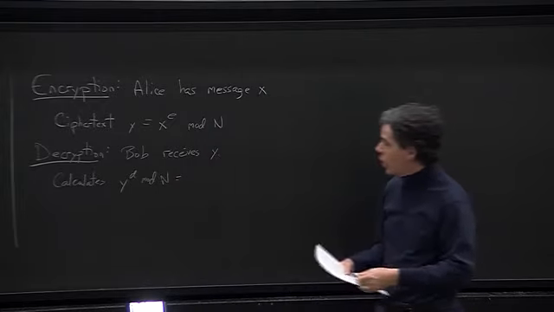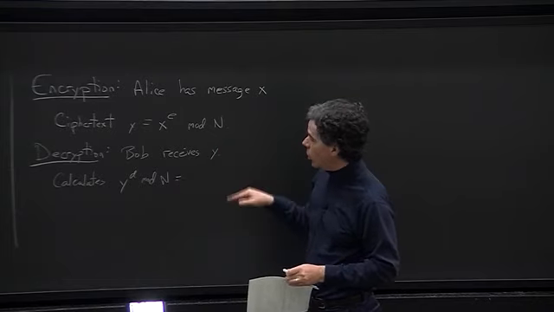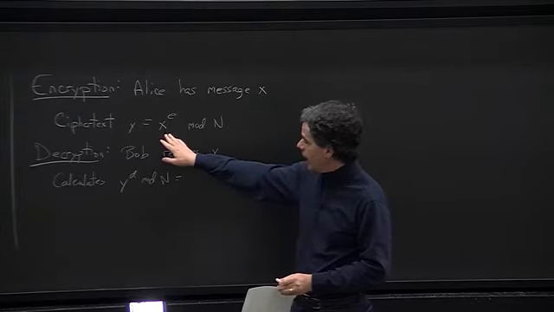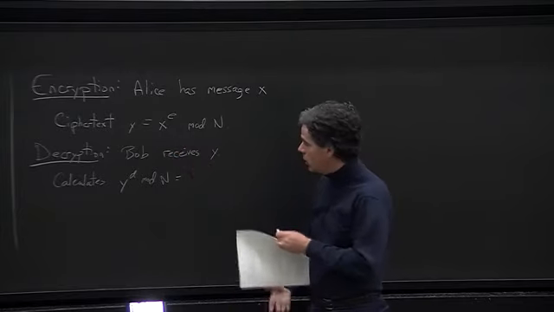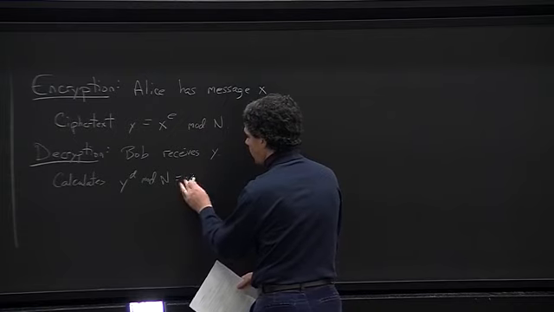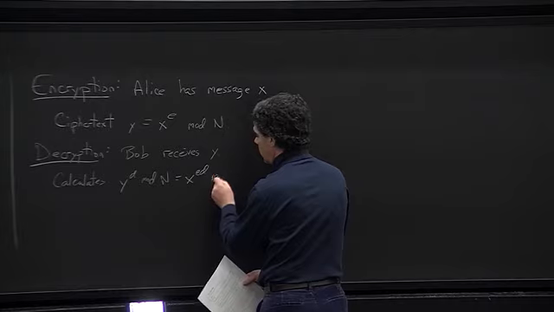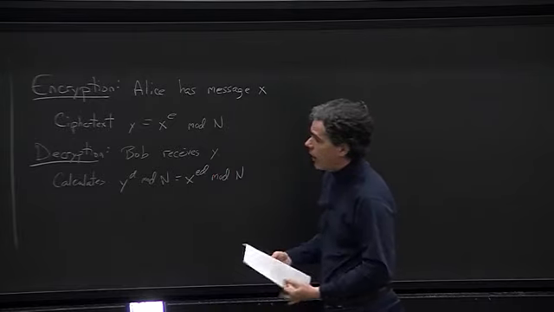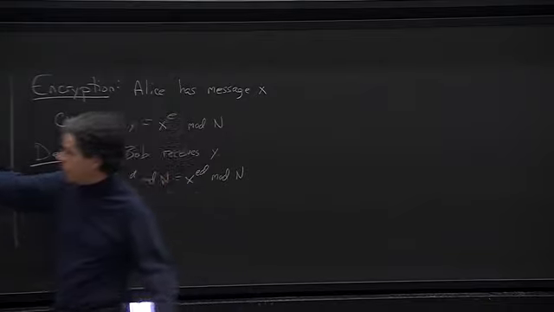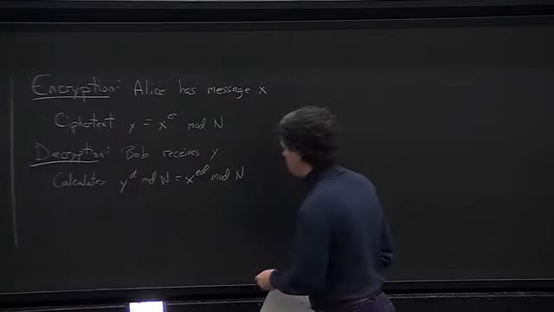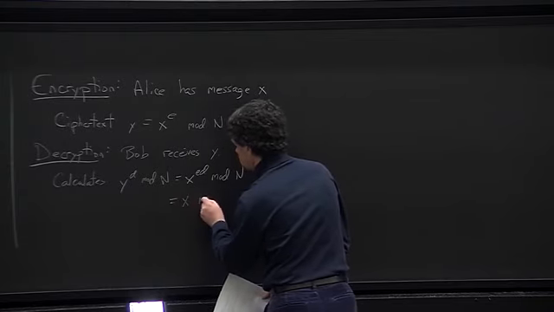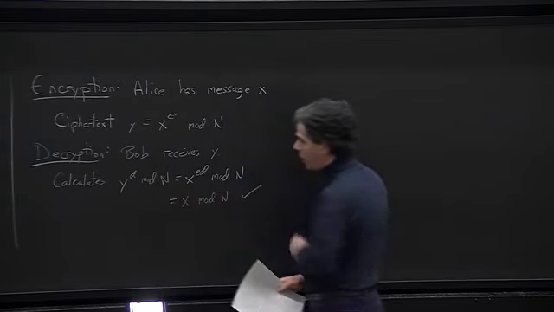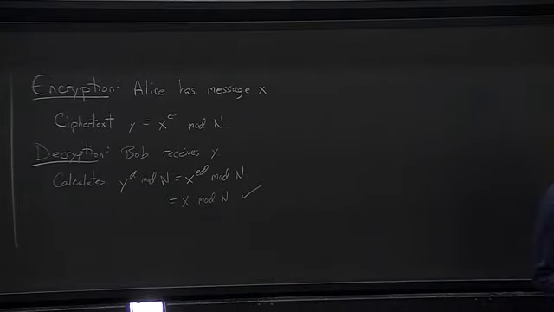We know that, assuming the message hasn't been altered, and this doesn't protect against that, Y is equal to x to the E. So this is x to the E times D mod n. We picked E and D so that x to the E times D is equal to x mod n. So Bob has recovered the original message. Does that make sense?